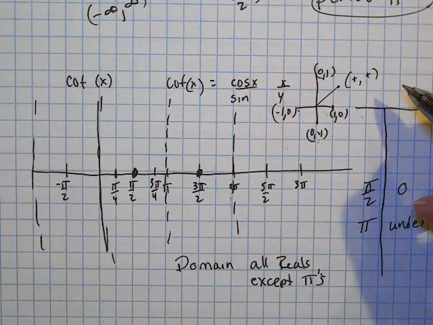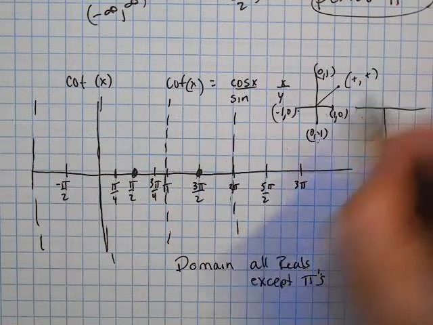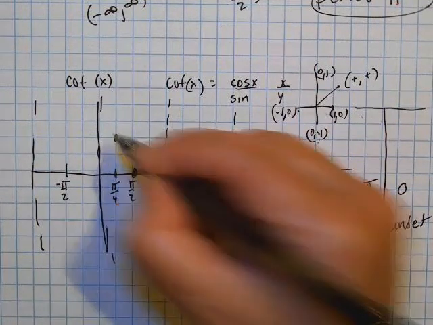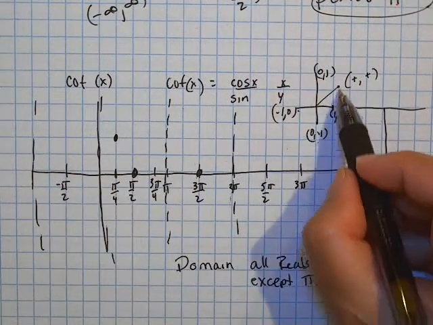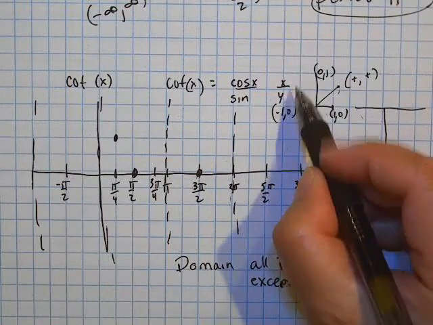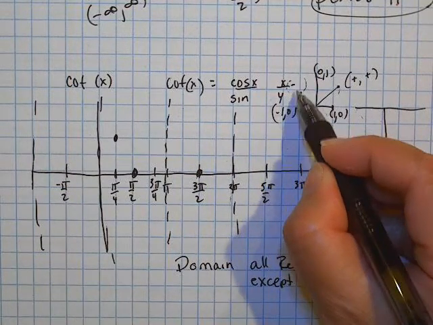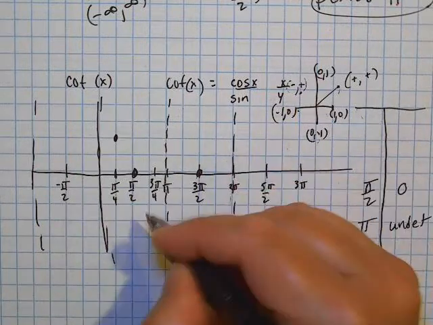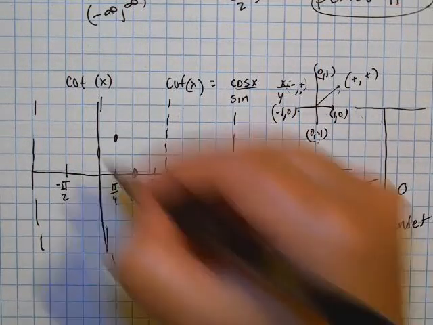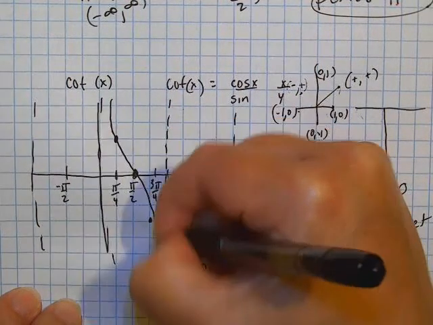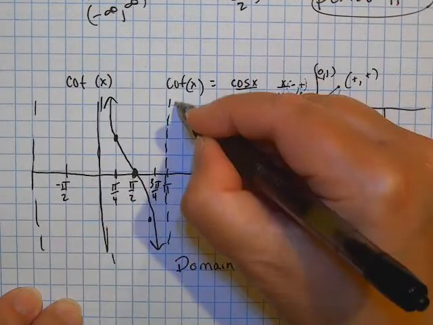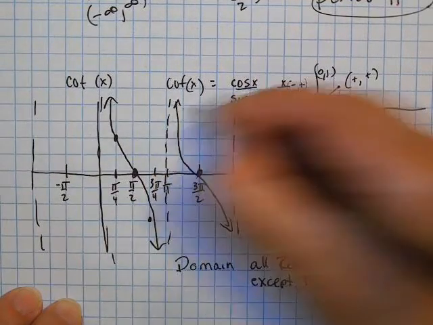So at that place, I have something over itself and it's positive, so it's going to be at 1. When I go over to 3 pi over 4, I have the same thing except x is negative and y is positive. So in this place, we're going to have a negative. So this time, it's going to be turned and the graphs are going to look like this.